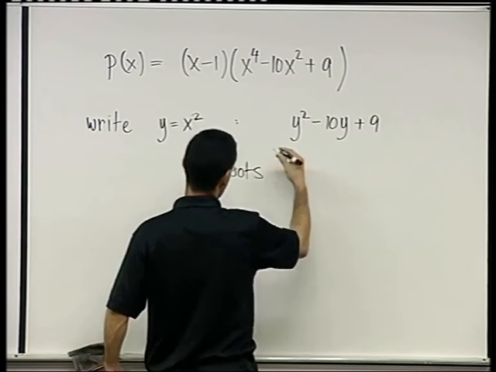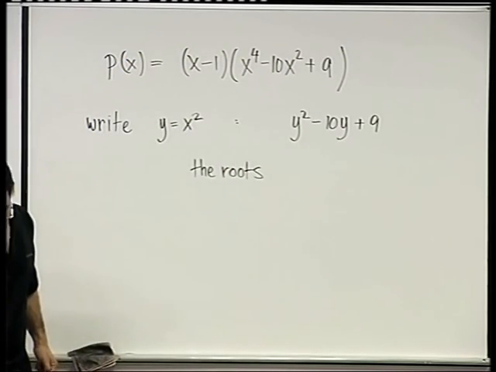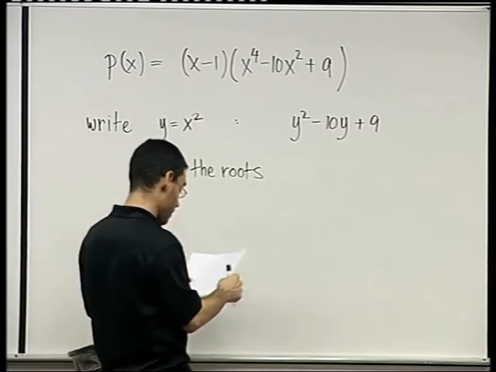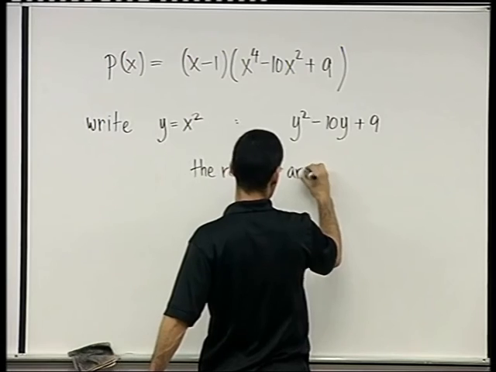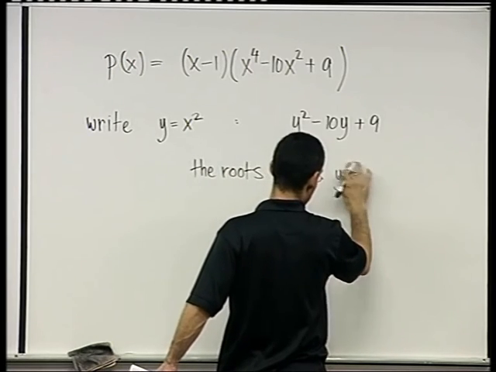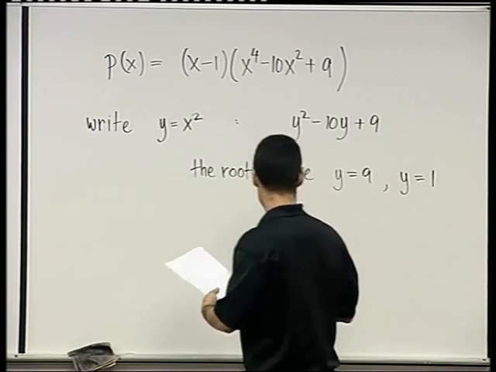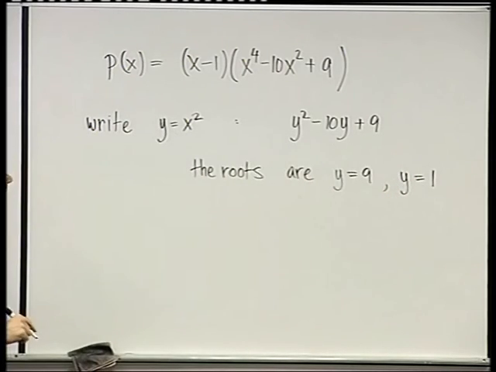And here you can use the quadratic formula, right? Because it's a polynomial of degree 2. And the roots turn out to be y equals 9 and y equals 1. Okay, you can do the calculation. Very easy.